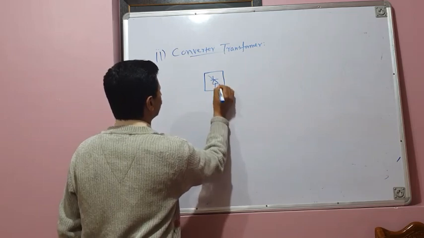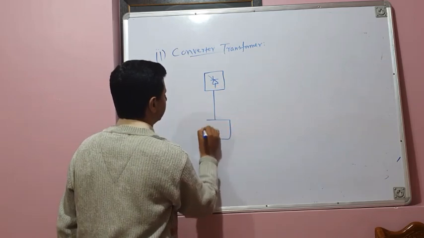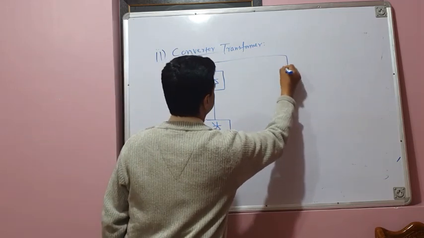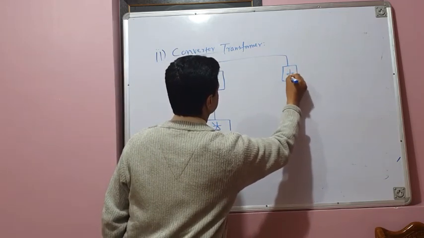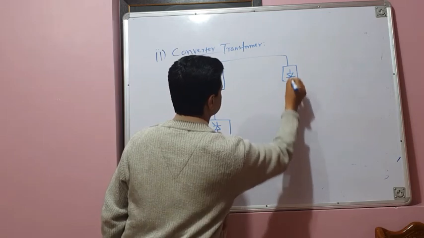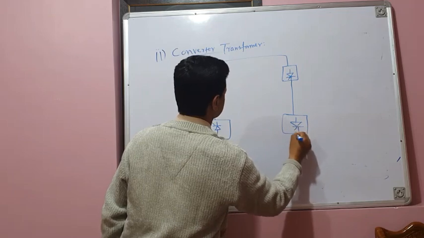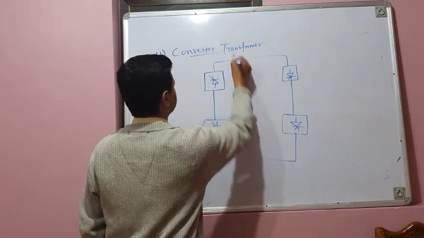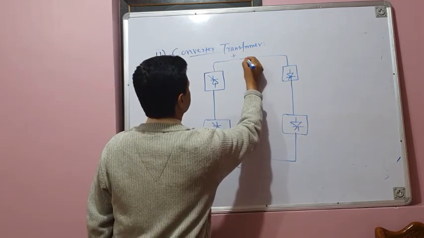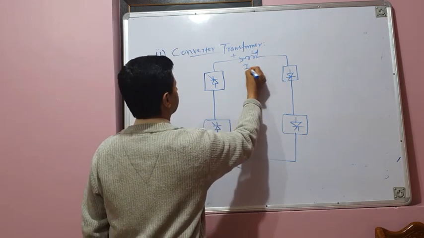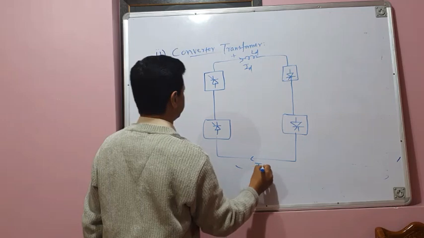Bipolar link, I will show a bipolar HVDC link. This is plus, minus. This is the smoothing reactor LD. This is ID, this is ID.